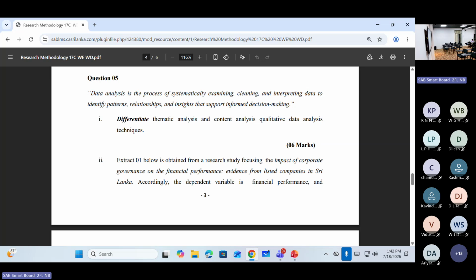A very good example: we can analyze annual reports. Okay, write down an example.